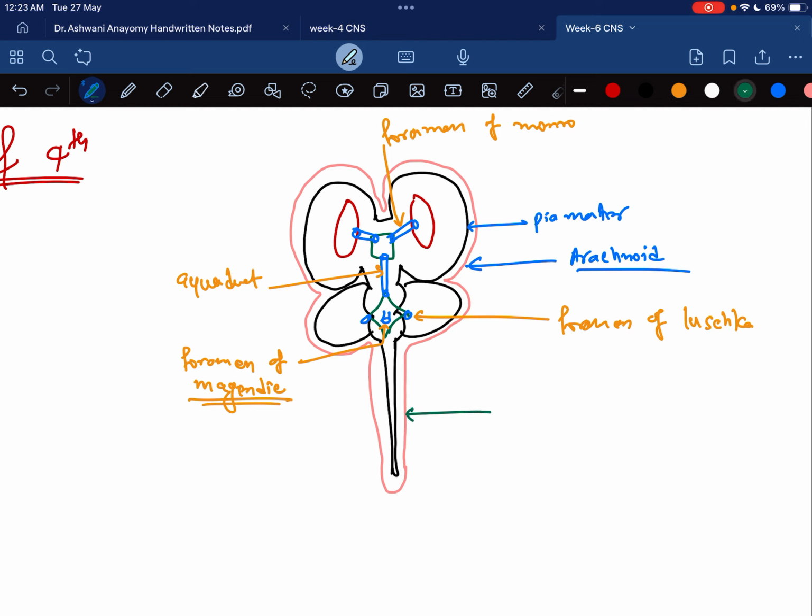This is the arachnoid mater, and this is the subarachnoid space.